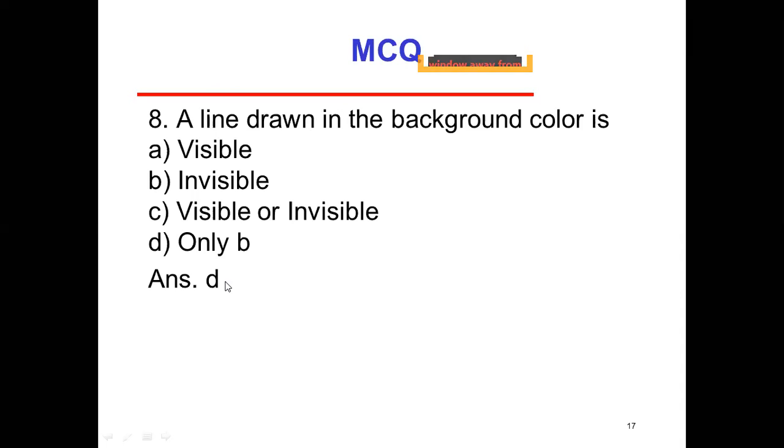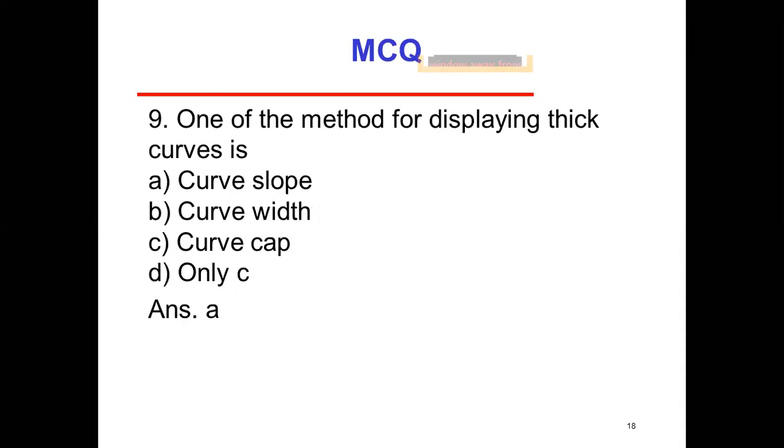So the answer is D, meaning only B, invisible. In the background color we cannot see the line. It will be invisible.